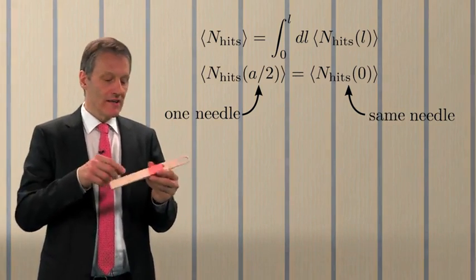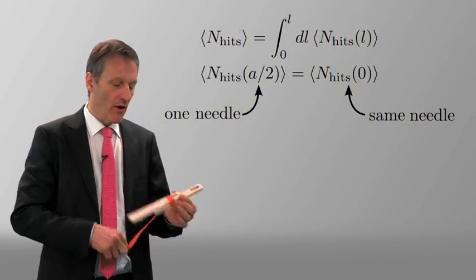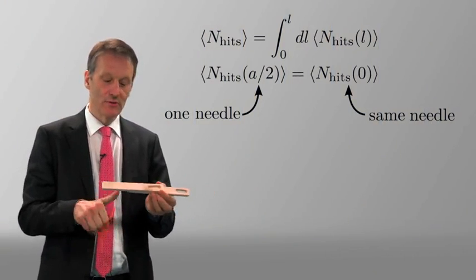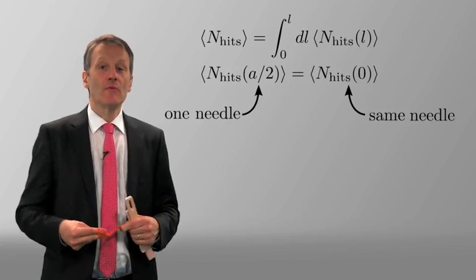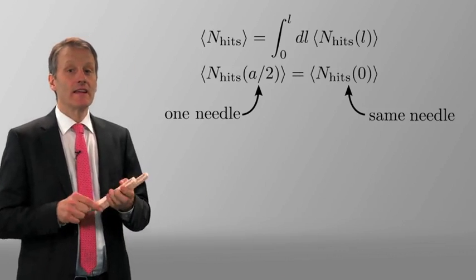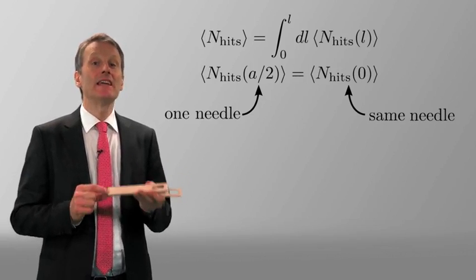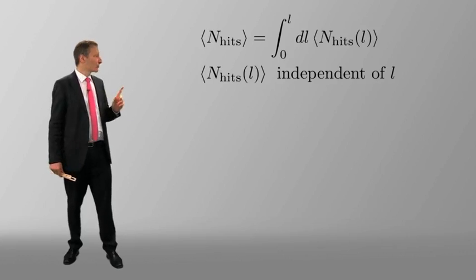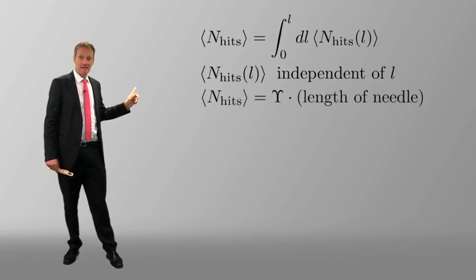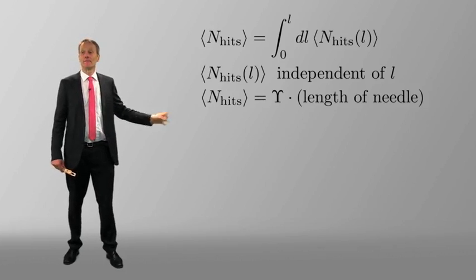Now we could glue together the needles at different parts, we could glue them together like this, or like this, or like this. And we prove like this that the hitting probability, n hits of L, must be independent of L. And by this, we can prove that n hits is equal to a constant times the length of the needle.